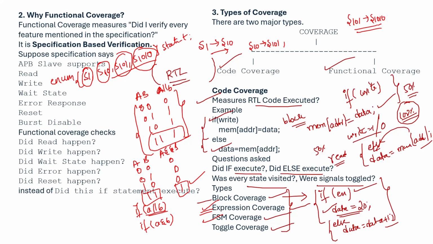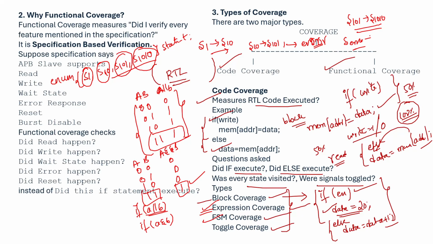Then if all the transitions are covered and there is no error condition in the state machine, then all your tests are covered. Suppose in your states some error state is also there, but that state is not covered.